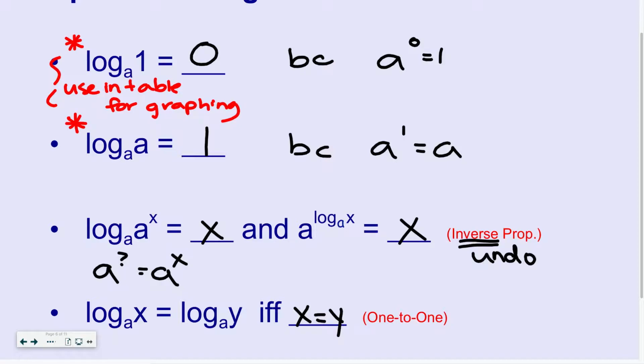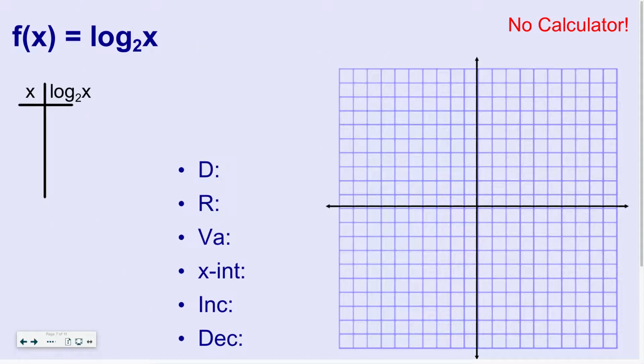And so the values that I'm always going to be putting in for x are going to be the 1 and the a, which is just the base. So I'll always put in 1 and always put in the base to my x, and I'll always get out the same two numbers, 0 and 1.